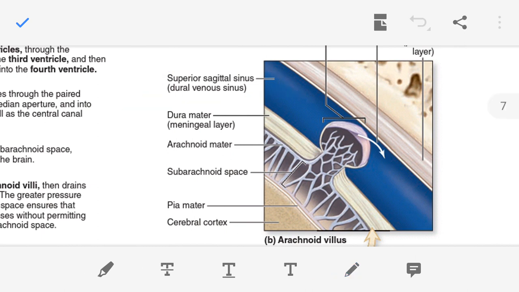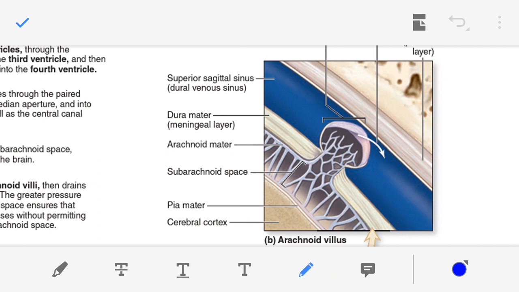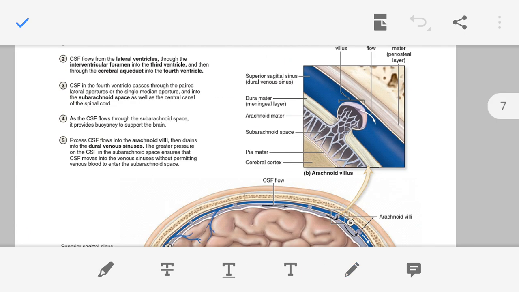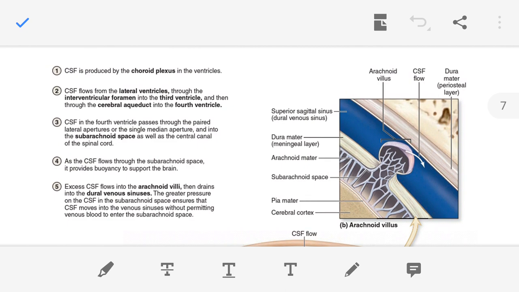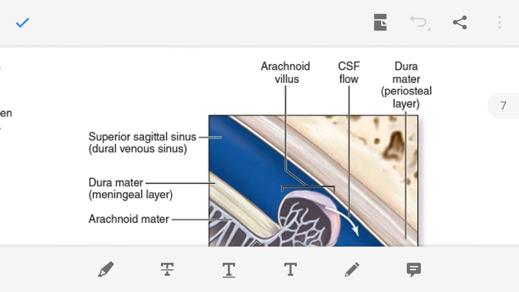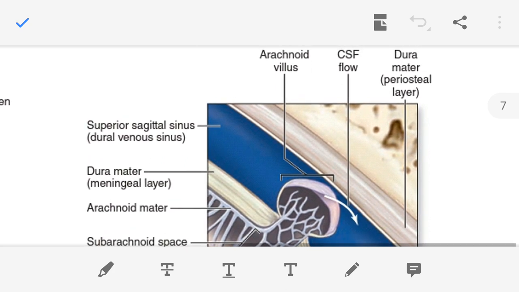And now CSF passes through this arachnoid villus, and then CSF is entering into the venous blood of the dural venous sinus. This is how the CSF is removed. Here with the arrow they are writing CSF flow. This is the arachnoid villus.